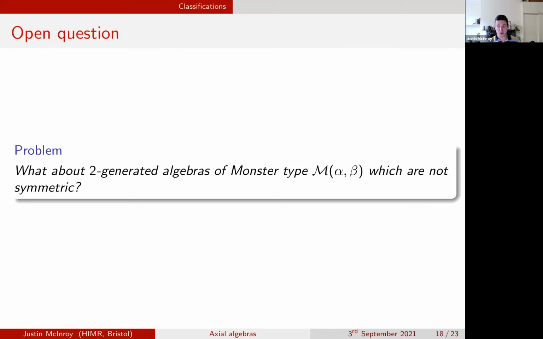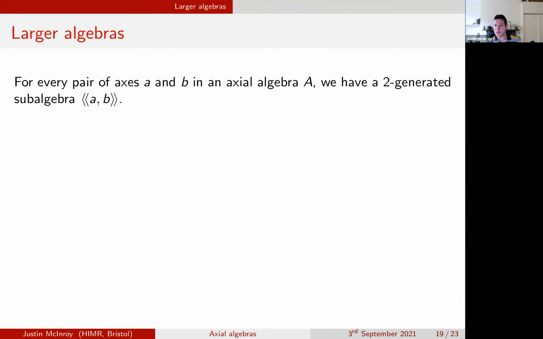So what about ones which are not symmetric, so don't have this automorphism switching the axes? Well, we've got no idea. So I'd like very much to be able to answer that question. Maybe a hint at how you might do that and how you might expand to algebras which aren't two-generated.